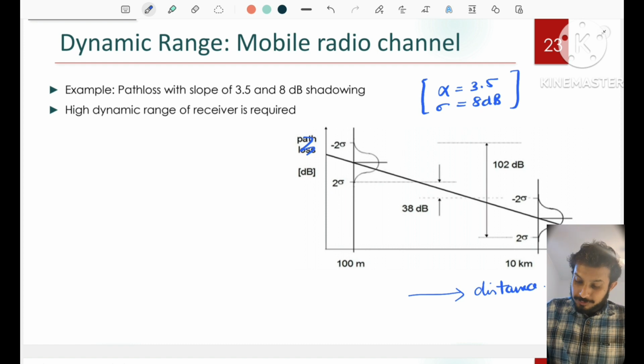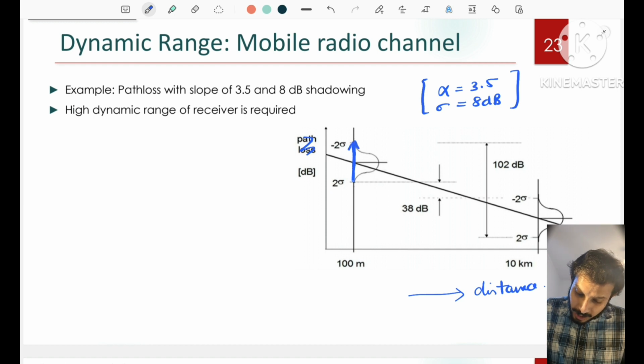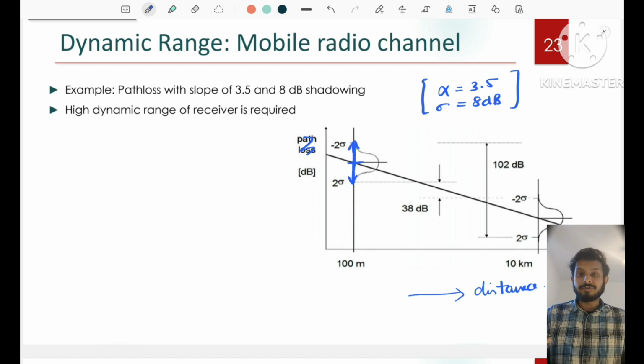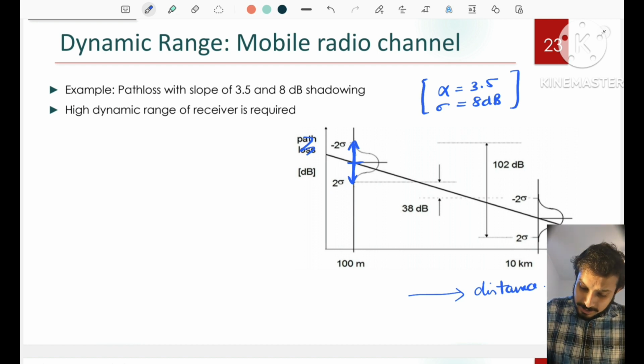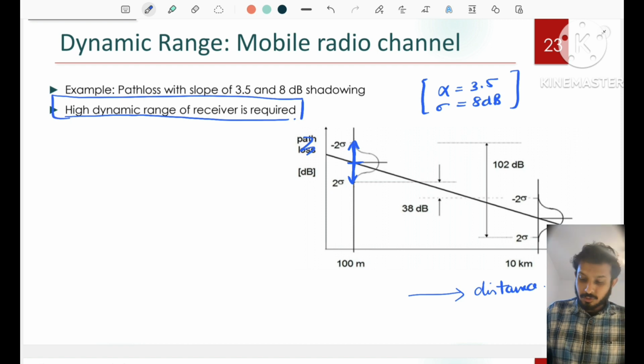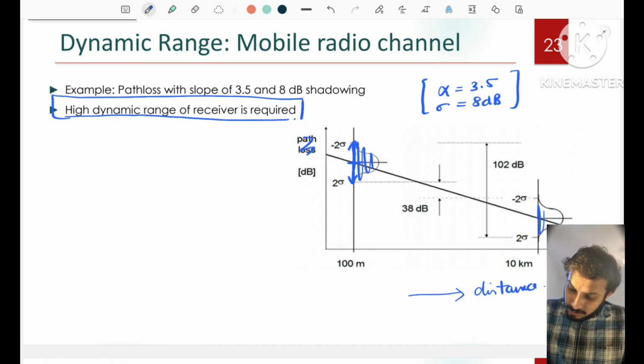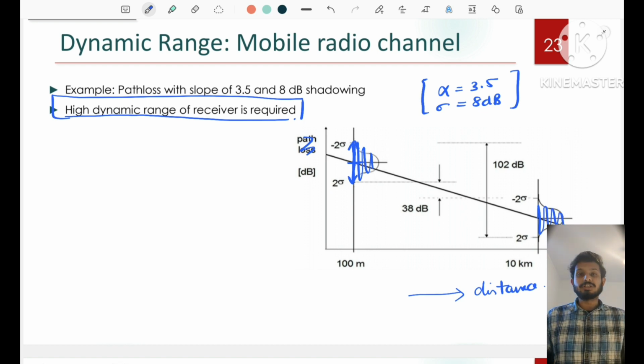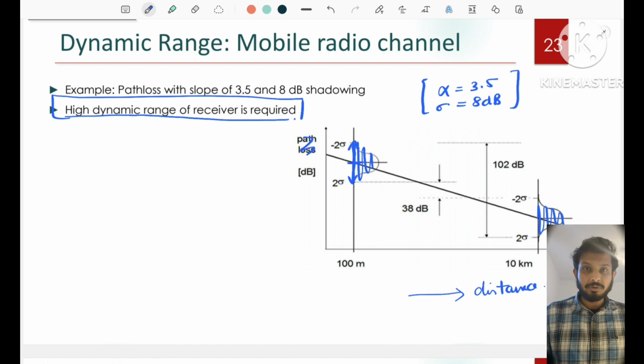As a result of shadowing, it can be seen that the received signal strength fluctuates in the upward direction and in the downward direction from the average received signal strength. So as a result, a high dynamic range of the receiver is required to account for these fluctuations. The dynamic range of the receiver has now been increased.